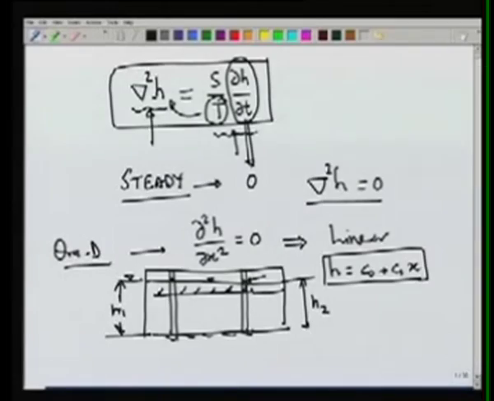Now, this one-dimensional flow is easy to solve, but it's not very practical. In most cases, we are interested in flow through or towards a well. So that's why the next case which we will discuss is the flow of water in a confined aquifer towards a well.